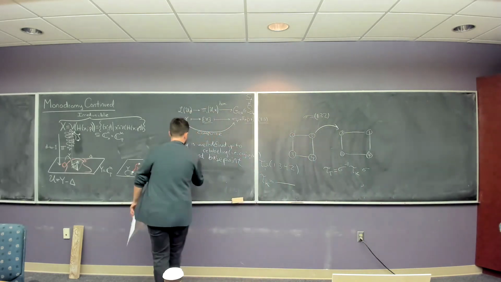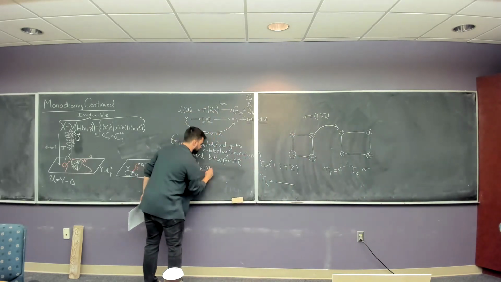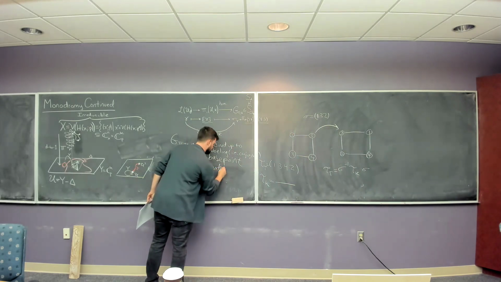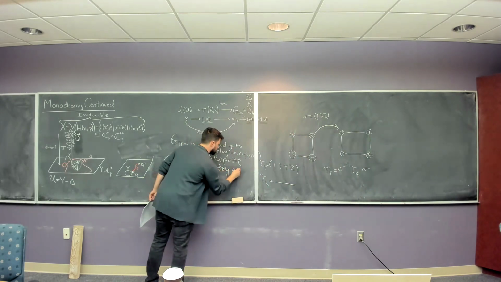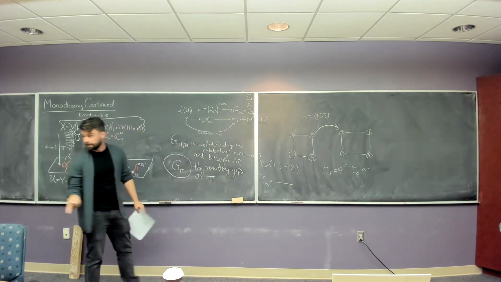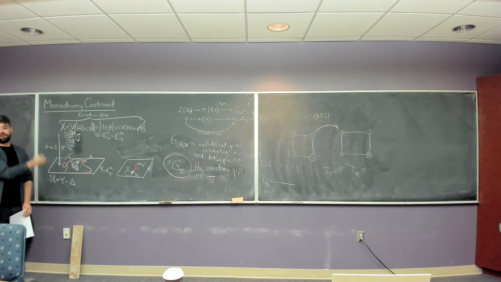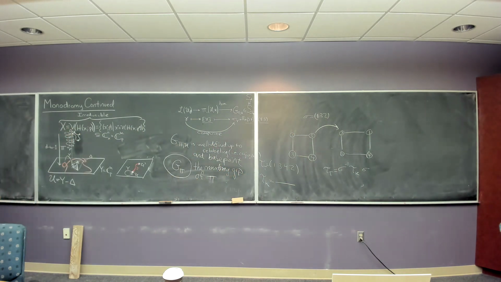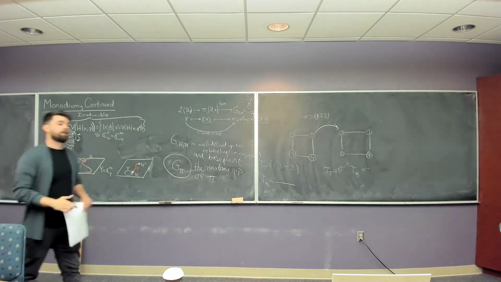I guess what you give the name is the monodromy group of the branched cover pi. Or if your branched cover came from a parameterized polynomial system, we might say it's the monodromy group of that parameterized polynomial system.